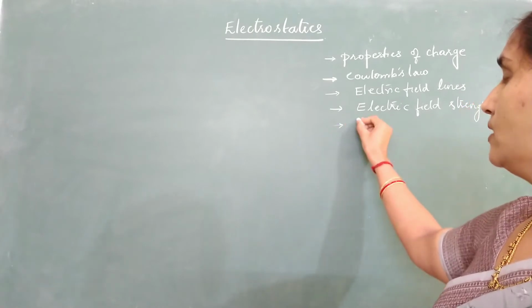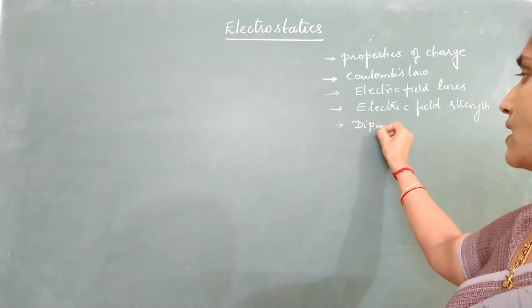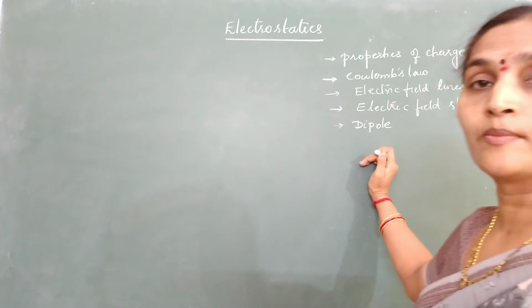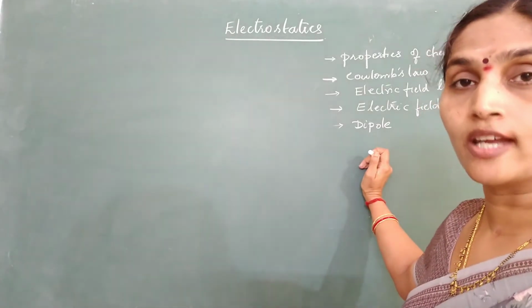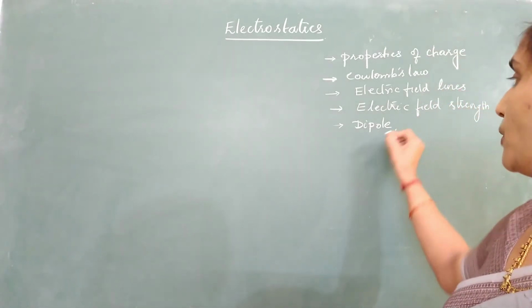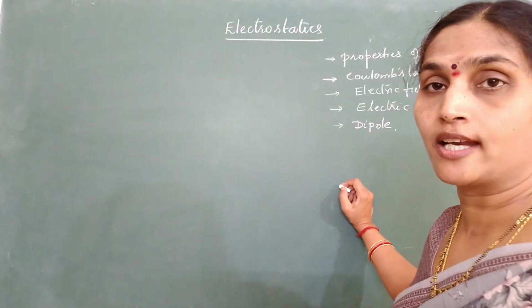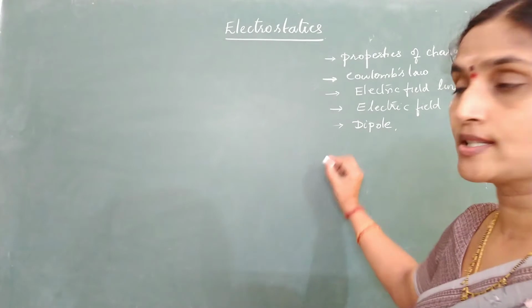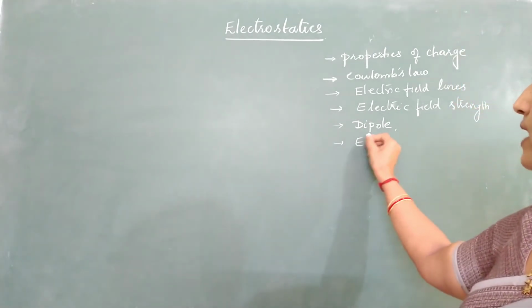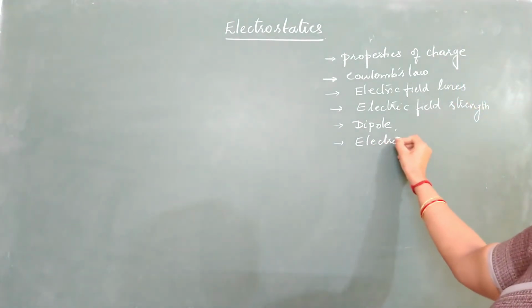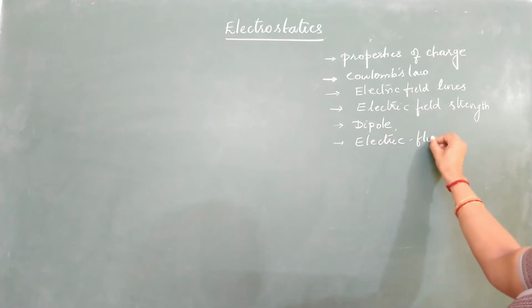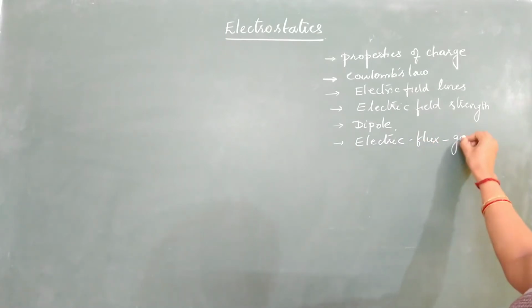Then comes dipole: field produced by a dipole along the axial line, equatorial line, or any other point, and then potential energy of a dipole, torque acting on a dipole, dipole-dipole interaction. So everything about dipoles. Then electric flux, Gauss law.